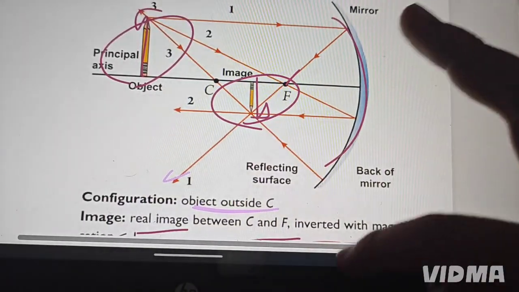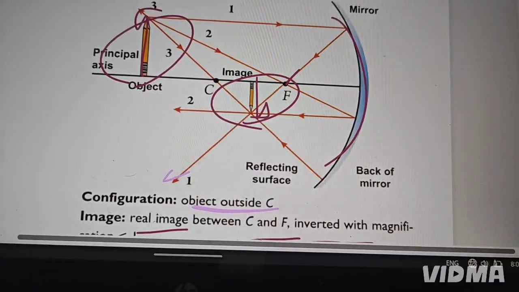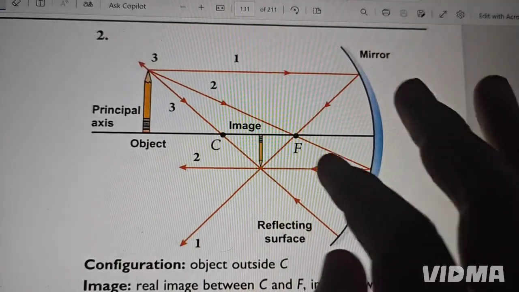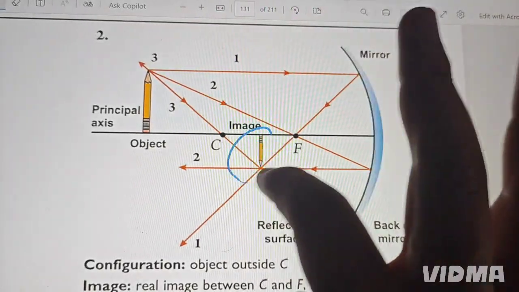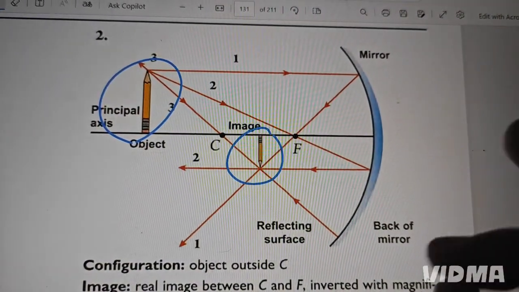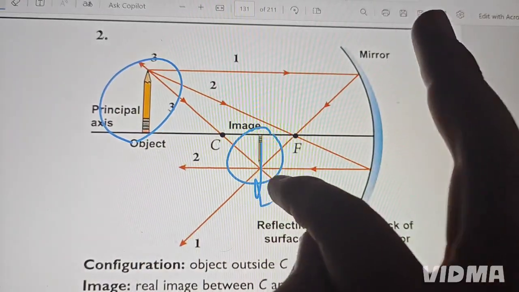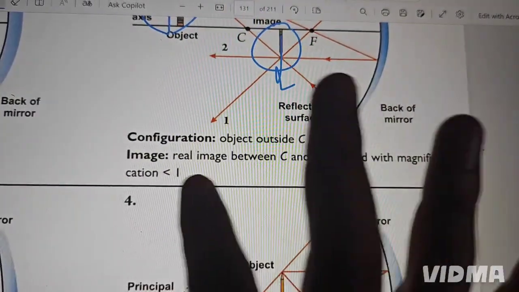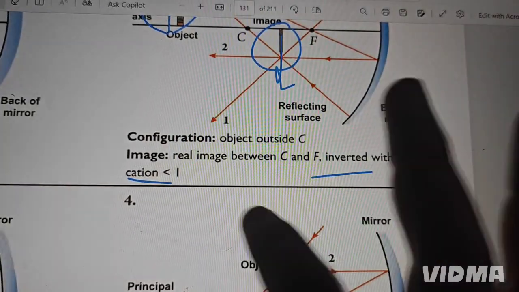So guys, as I told, the magnification is less than 1, because the image size is less than the object size. And even the direction of this image is down, but this is to the up, so they are inverted or flipping. Look, magnification less than 1 and inverted.